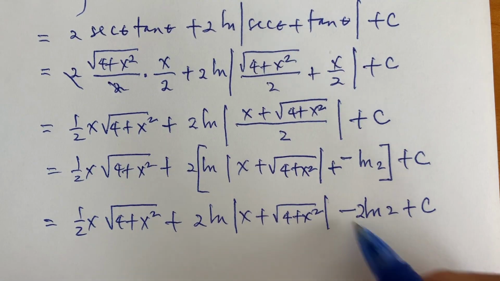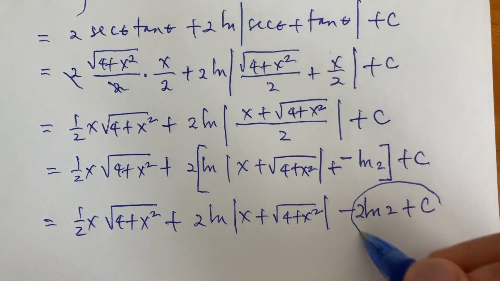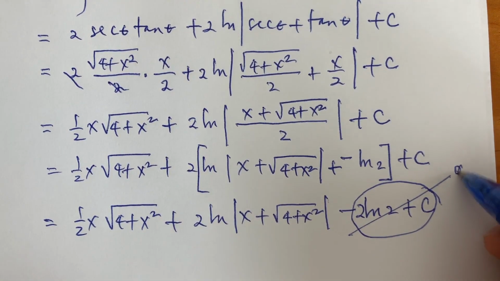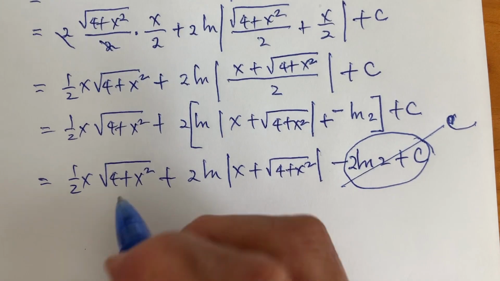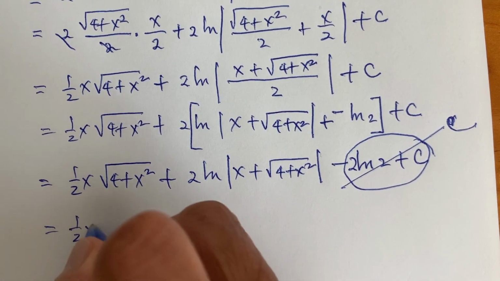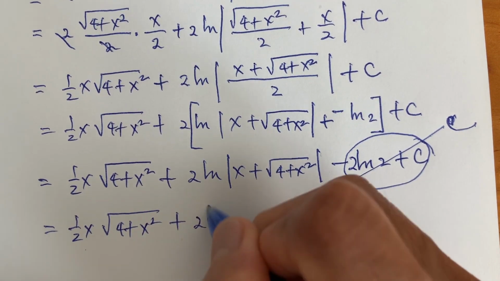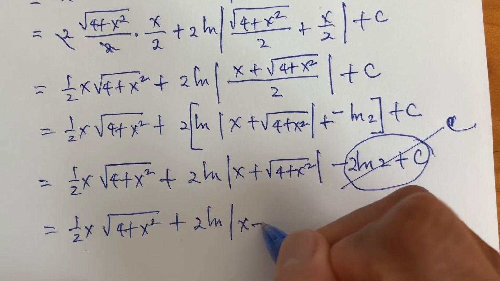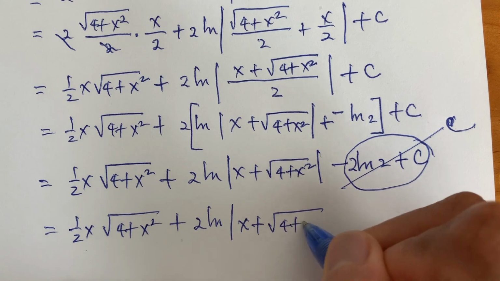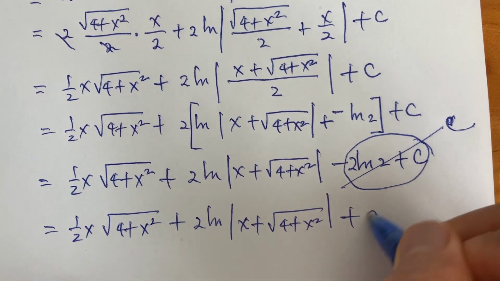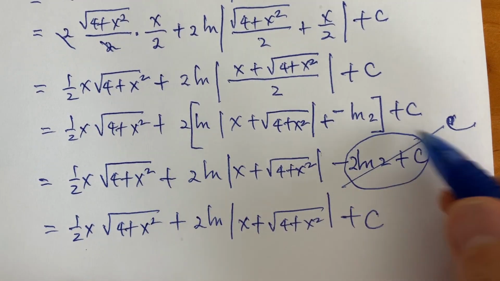Well, ln of 2 is just a constant. The whole thing becomes a constant. And so we can simply rewrite our final answer as 1/2 x times the square root of 4 plus x squared plus 2 ln of the absolute value of x plus the square root of 4 plus x squared plus c. So this whole thing simply becomes a c, okay?